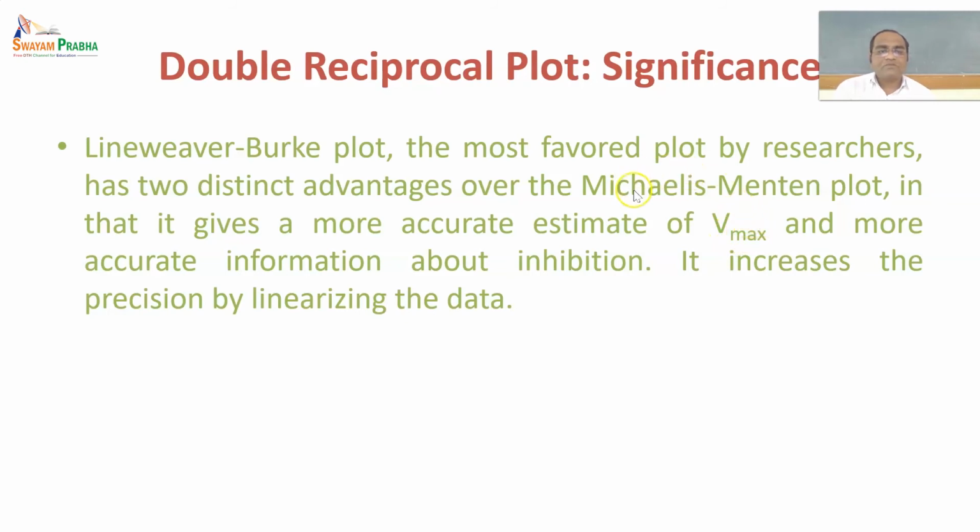But there are certain limitations with the Michaelis-Menten plot, because it is only on 2 axes, whereas the double reciprocal plot is on 3 to 4 axes, which has the advantage of calculating the Vmax value more accurately, and by linearizing the data we get more precise values.